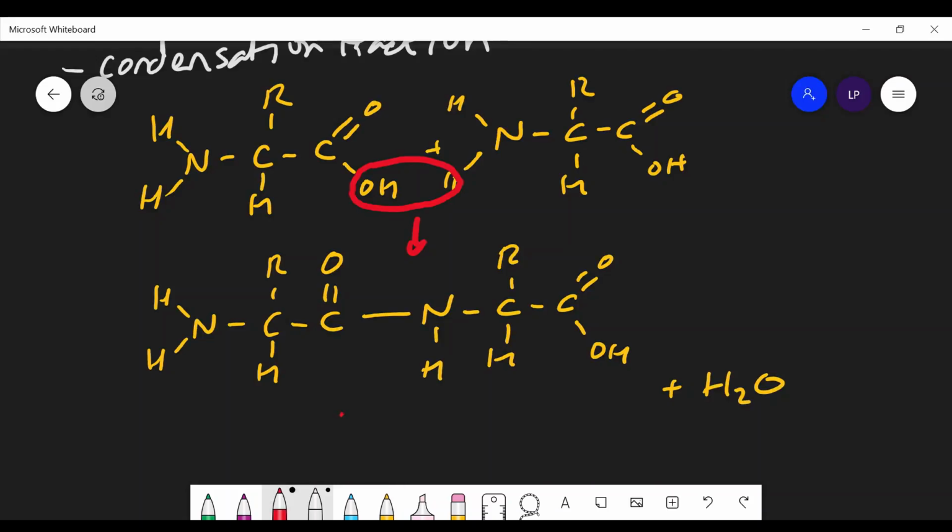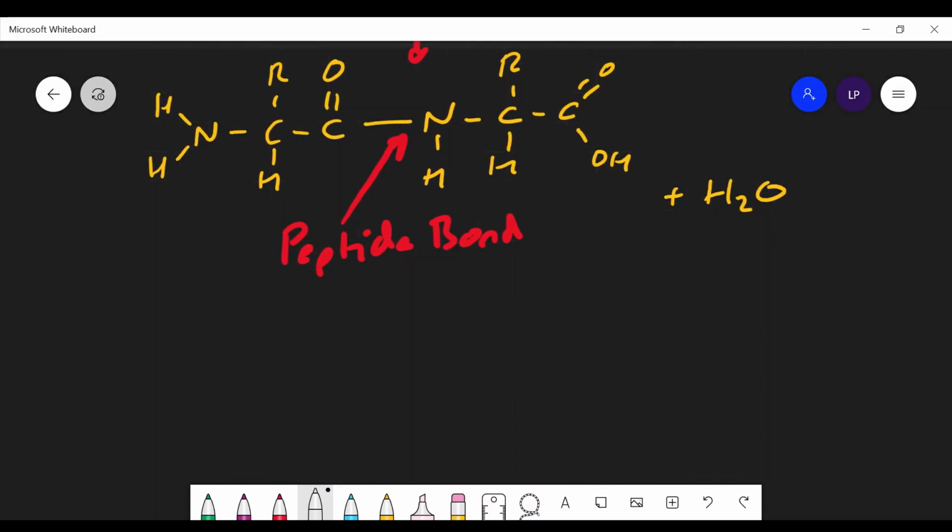So we'll put that in here. So this bond that joins the two amino acids together is called the peptide bond. So the bonds between amino acids are called the peptide bond, and so the long chains of amino acids have many peptide bonds, so they can be referred to as polypeptides.